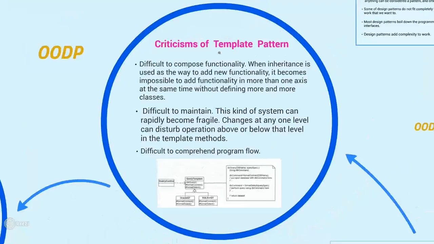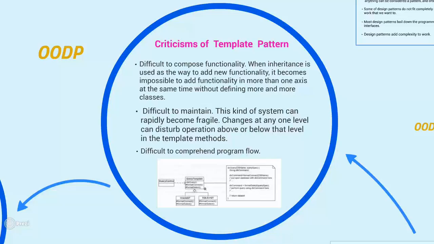So let's see what the criticisms of the template pattern are. The first criticism is that it's difficult to compose functionality. When inheritance is used as a way to add new functionality, it becomes impossible to add functionality in more than one axis at the same time without defining more and more classes, as you can see here.